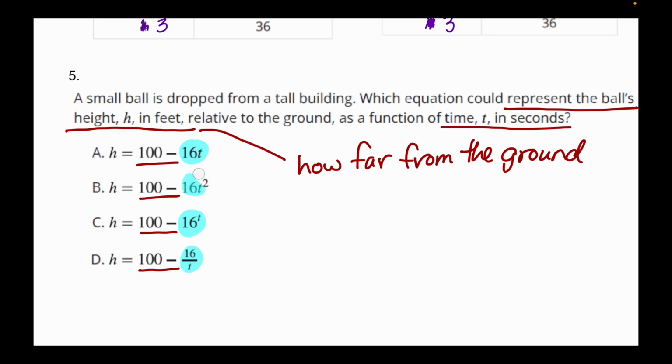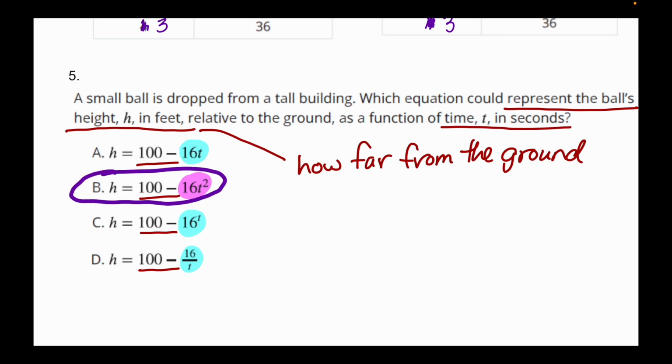It's actually going to be B. So let's make this one a different color maybe, because this is the only one that has something to the power of 2. So this is going to be my choice for the answer.